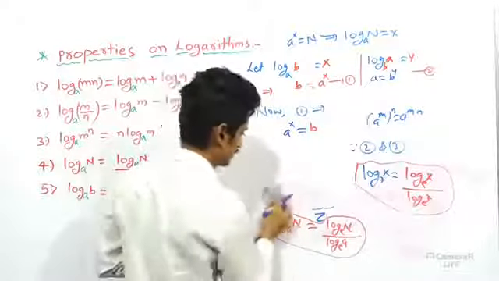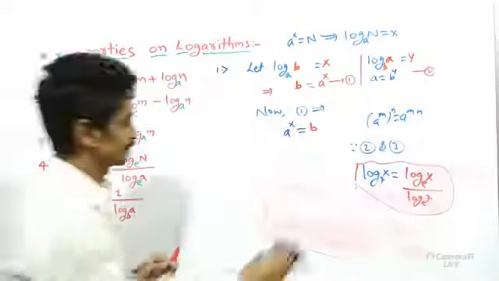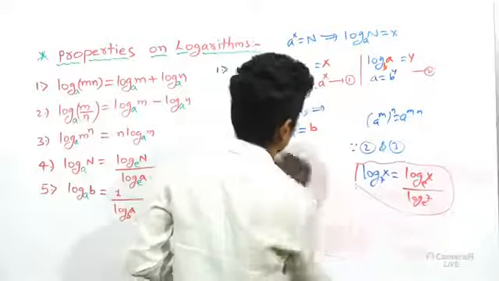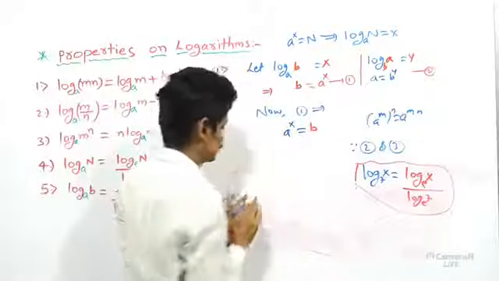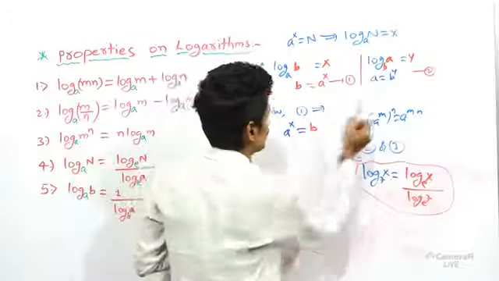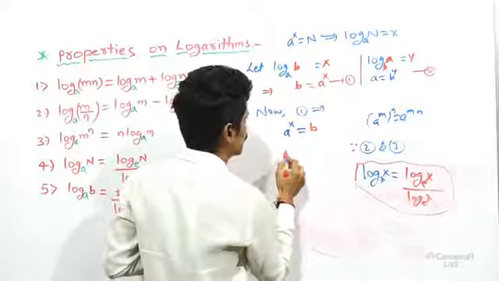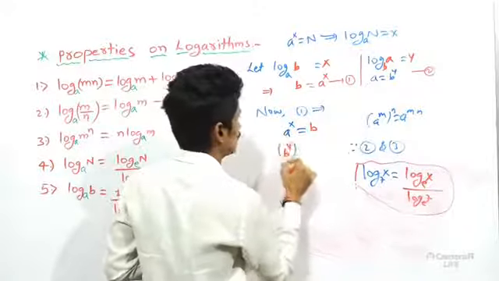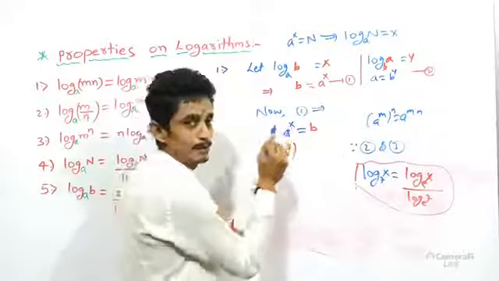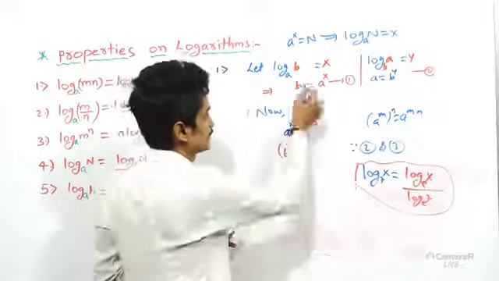Now once again replacing the value of a. How much is the a value? According to equation 2, a is b power y. So I will write here b power y, since equation number 2. What is my power? That is x, equal to what will be the b value?